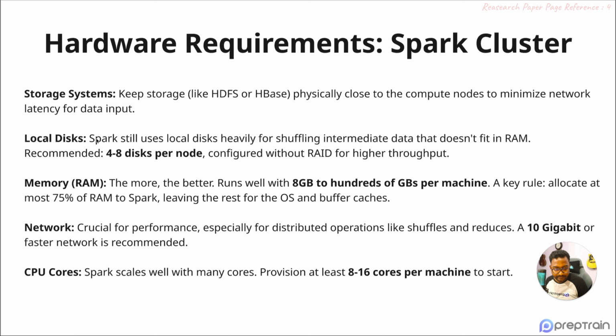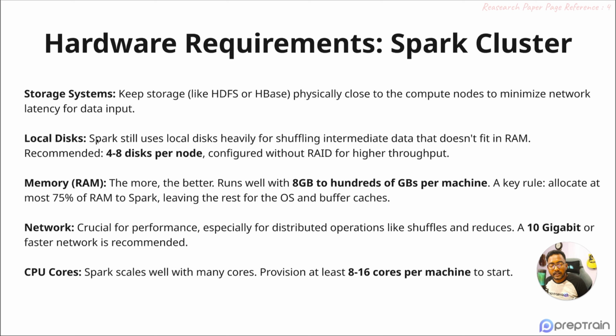First of all, the storage system. When I was going through the paper, it notes that you need to keep your storage, like HDFS, very close to the compute nodes. This means co-locating your data nodes and your Spark worker nodes on the same machine, or at the minimum on the same network, because if there is data locality, the speed will be faster.